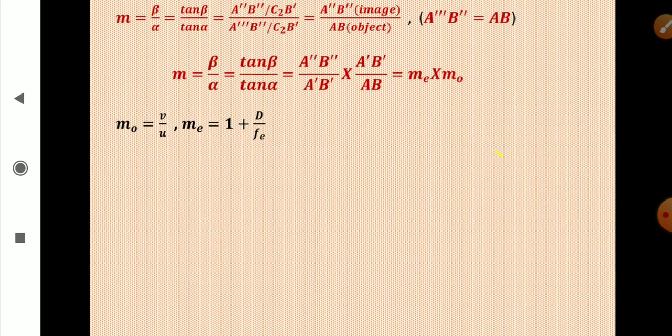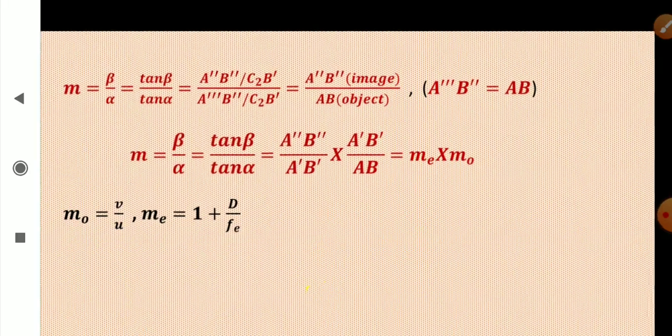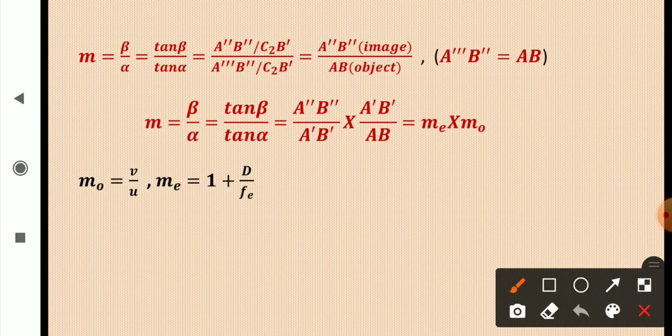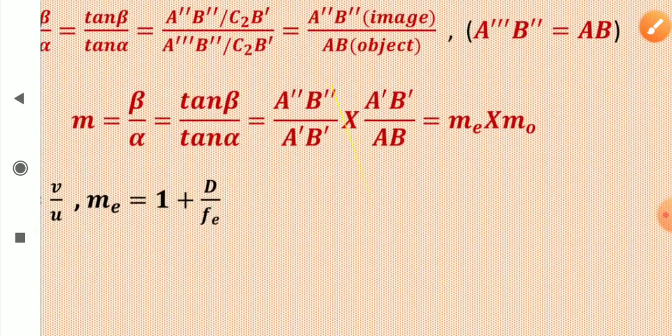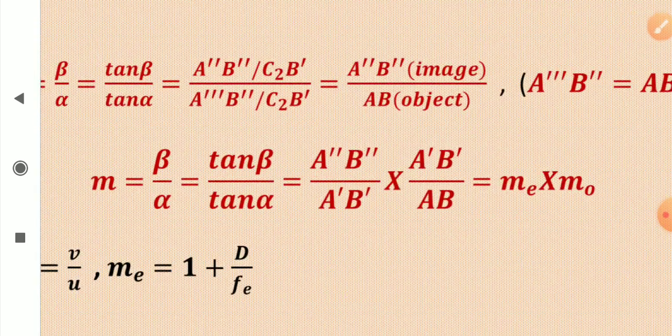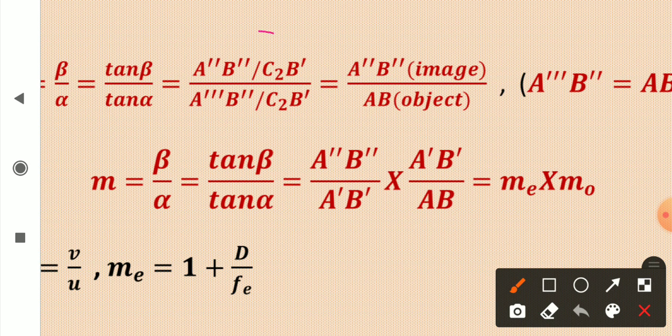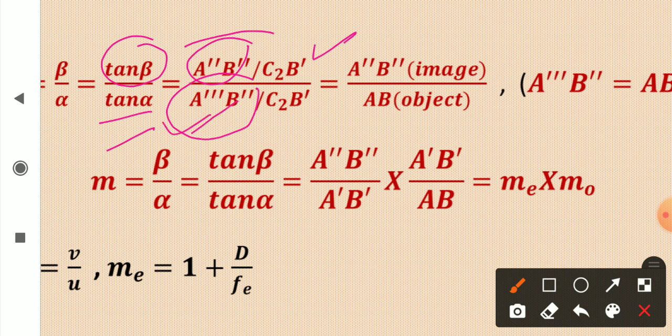So here, see, beta upon alpha can be written as tan beta upon tan alpha, and the values of tan beta and tan alpha from the diagram are: this tan beta is the angle subtended by the final image, so A double dash B double dash upon C2 B dash, and tan alpha is A triple dash B double dash, ये जो construction किया था आपने, upon C2 B dash, right?